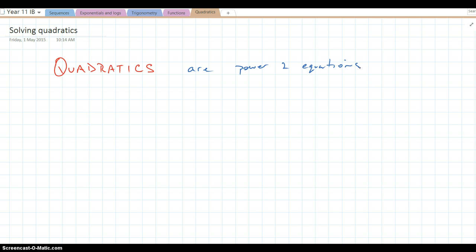So we need to be really good at quadratics. No, better than that, we need to be awesome at quadratics. So let's get awesome at it.